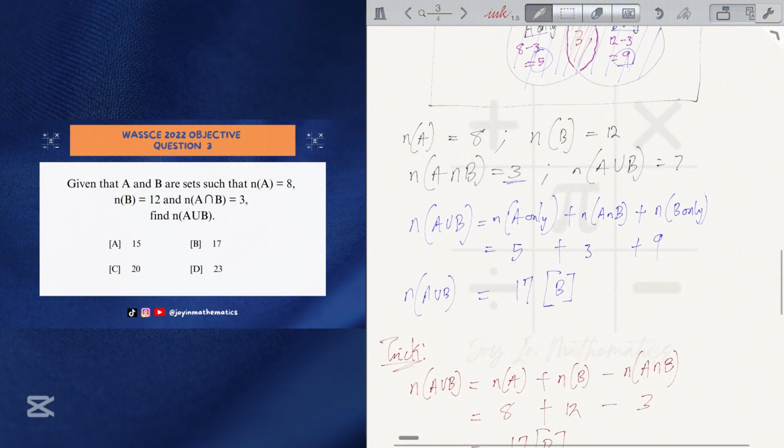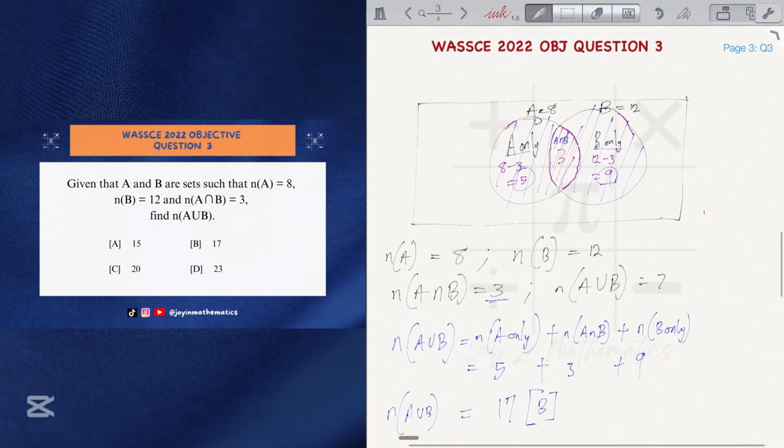But I prefer the first method because there is a vivid explanation of what we are doing, because here we want to establish understanding.